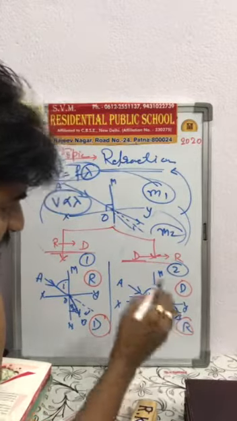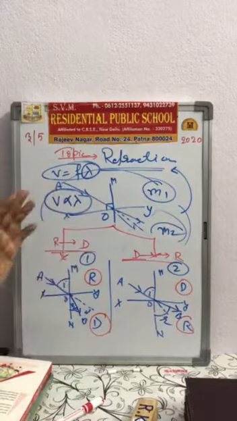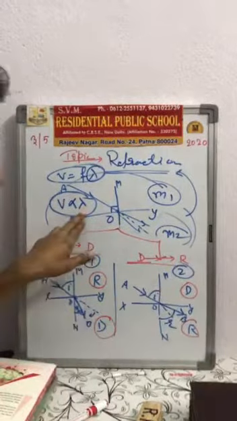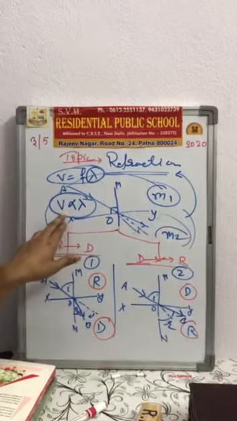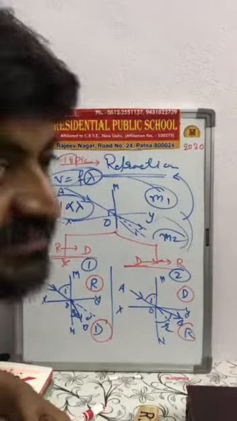So this is the actual mechanism: when light passes from one medium to another, wavelength changes, due to that velocity changes, and by changing the velocity, light changes its direction.